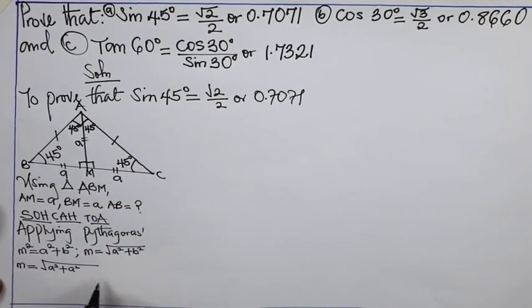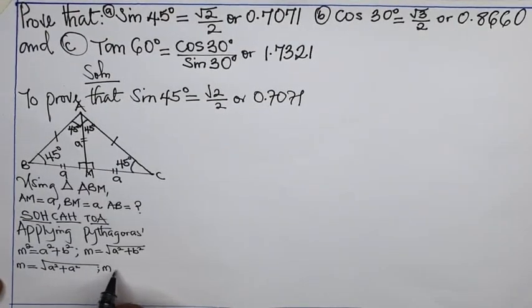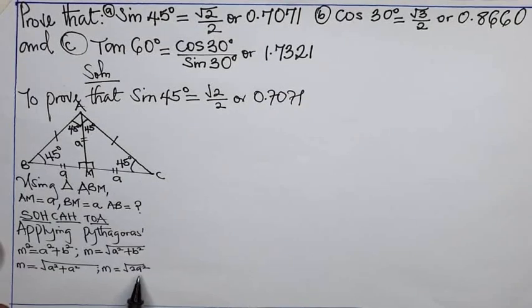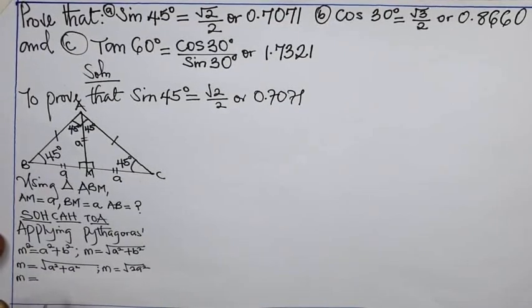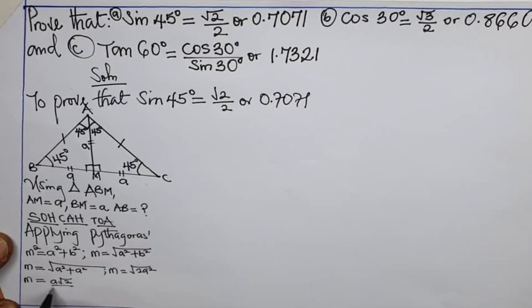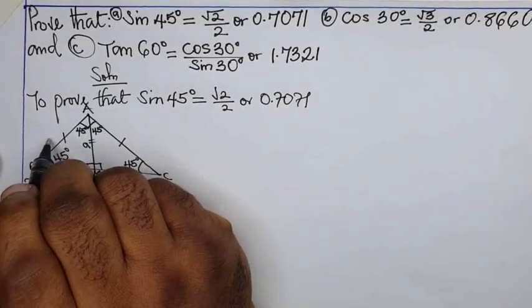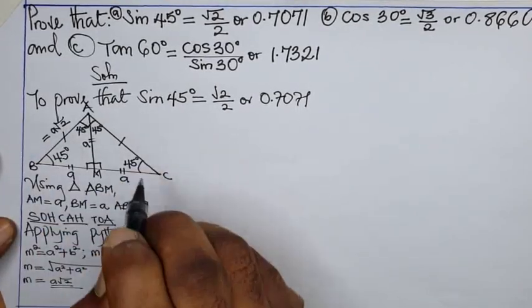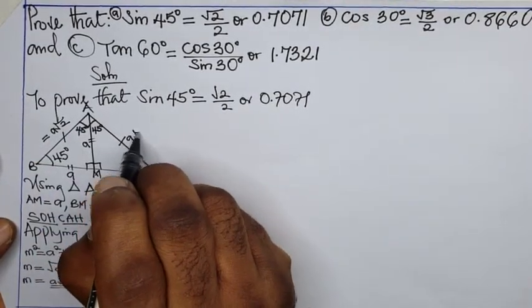So the value is equal to the square root of 2a squared. If we take the square root of a squared, that gives us a. So the value of our hypotenuse this time will be equal to a root 2. Take note of this. That is the value of our hypotenuse. So I'll just write it down as a root 2 here. The same thing here, a root 2.